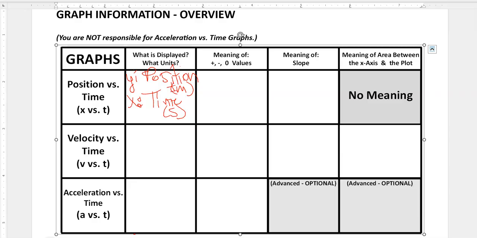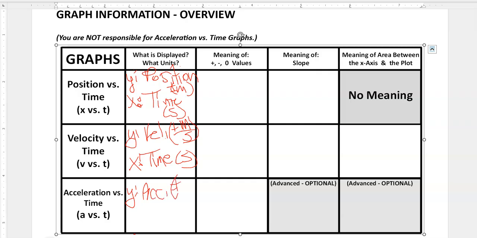For the velocity curve, not surprisingly, the y value is velocity, and that is in plus or minus meters per second. The time plot is on the x-axis, as always. That's time in seconds. And if you were to do that for the acceleration, it would be the acceleration on the y-axis. We don't do that.